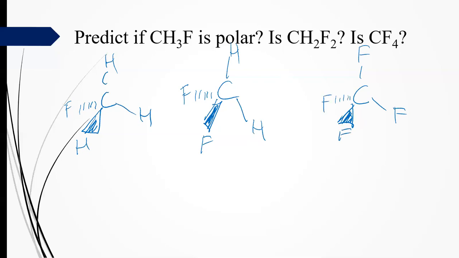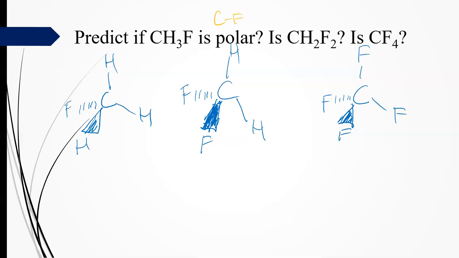Now remember that these thicker ones, those are the ones coming out of the screen towards you. The ones that are dashed are going back into the wall, and the other ones that are just lines are in the same plane as the screen. So if we imagine this, we do know that between carbon and fluorine, there is a difference in electronegativities. Carbon is not as electronegative as fluorine.